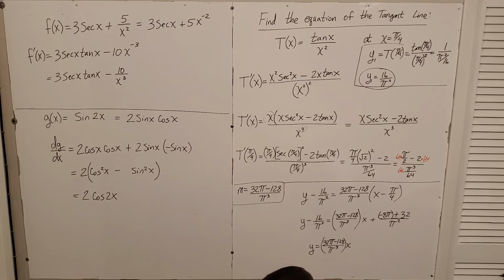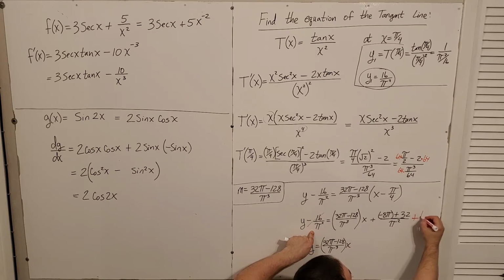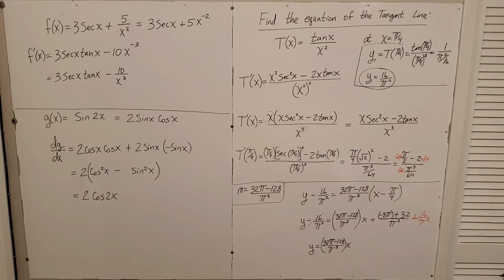But I'm adding this to the other side so that I can get y by itself. So I'm going to add 16 over pi squared. Notice they already have a common denominator, and the 16 is going to combine with the 32 portion because they're like terms.